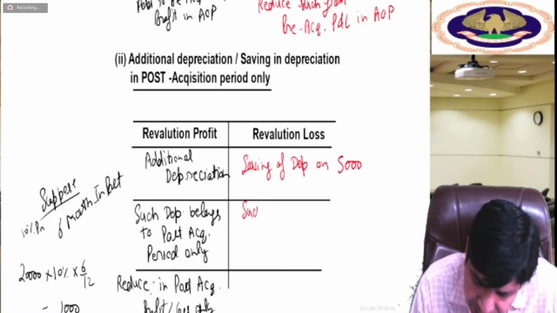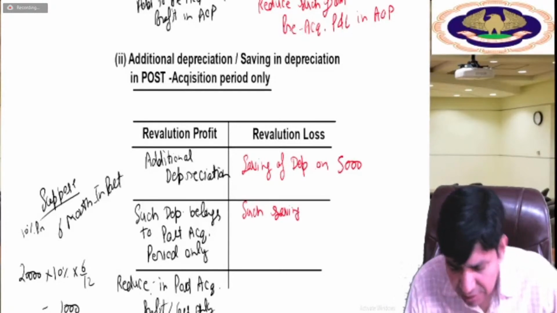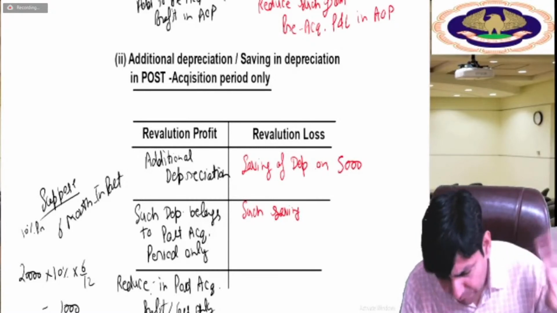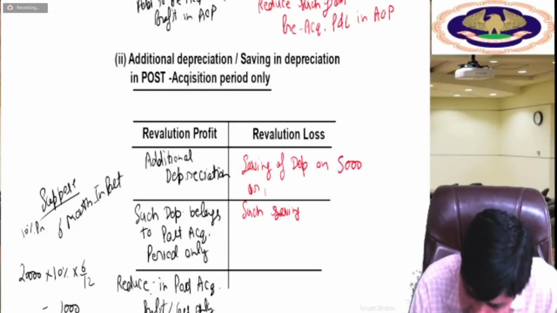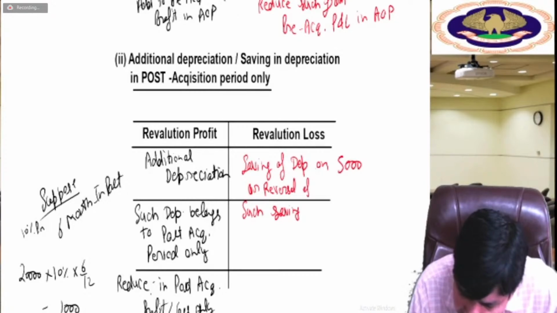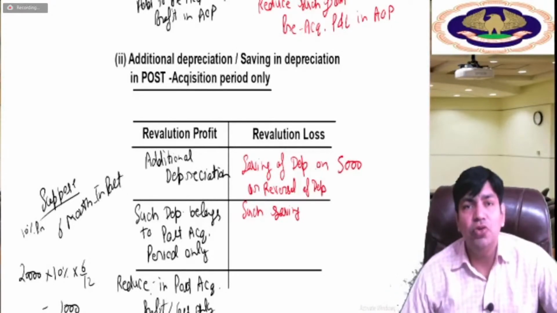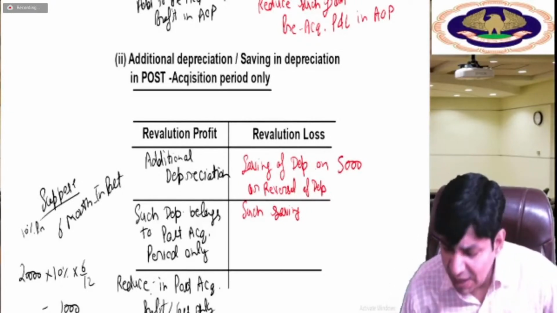Such saving means reversal of depreciation, you can say, or you can say saving of depreciation, any word you may use. Tell me which word is more suitable to you, reversal of depreciation or saving of depreciation, everyone.